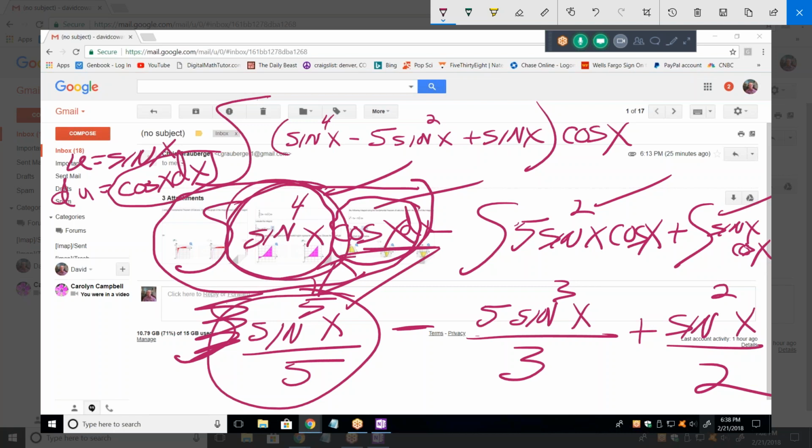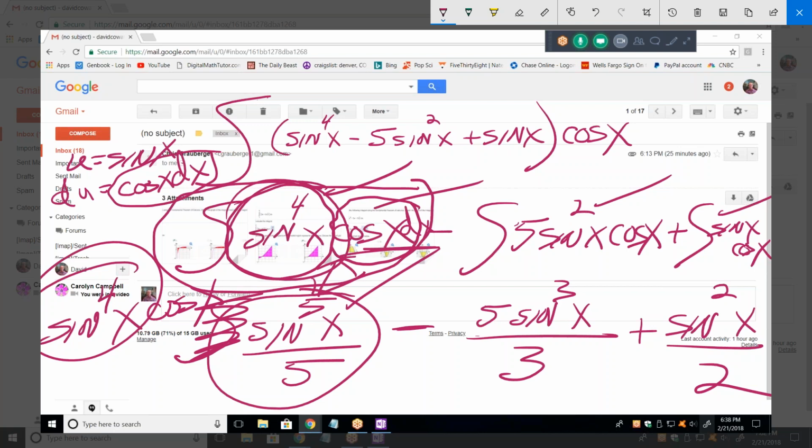Because you can't really use the power rule. In other words, you're going to find people that if you say, what's the integral of that? They're going to say sine to the 5th over 5. And that's not the case. It's only the sine to the 5th over 5 if there's a cosine x multiplying.